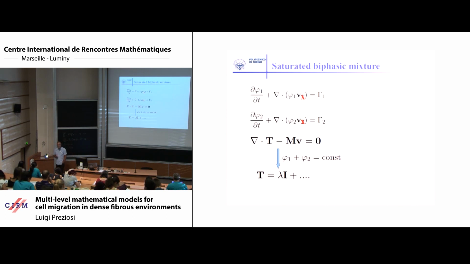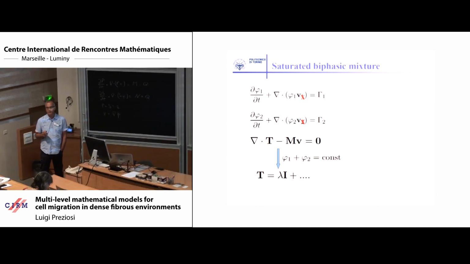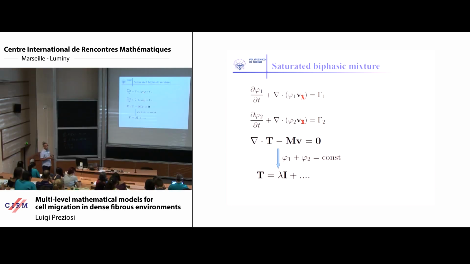Now, here there is conceptually a big step that I want to clarify. In the previous model, you have an unsaturated case, and you can compress the fluid as you want. Here you have a saturated case. You remember that in this case you have divergence of V equals something, and you cannot do that.